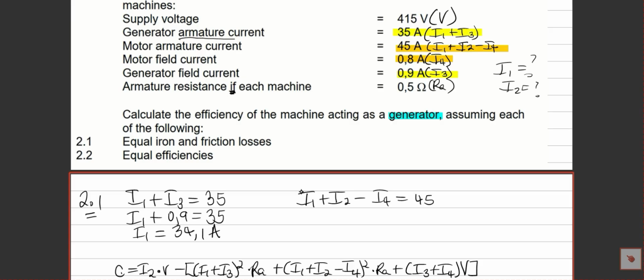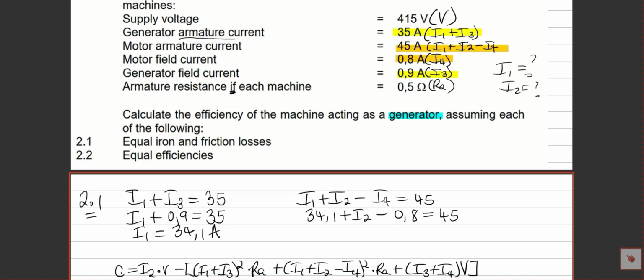45. Fortunately, we just found I1. We are looking for I2. So our I2, oh, let's substitute first. So our I1, we have 34,1 plus, we're looking for I2 minus our I4, which is 0,8 equals to 45.